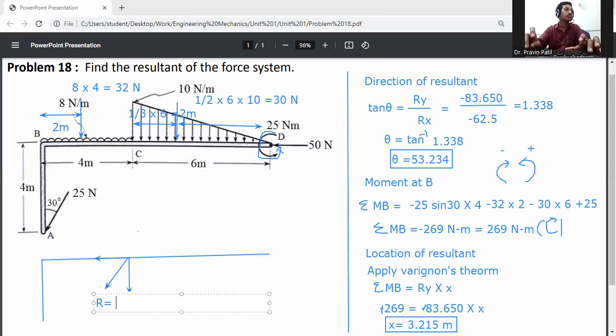We have calculated the R value and I have noted it here: R is 104.42 Newton, and the direction theta is 53.23.